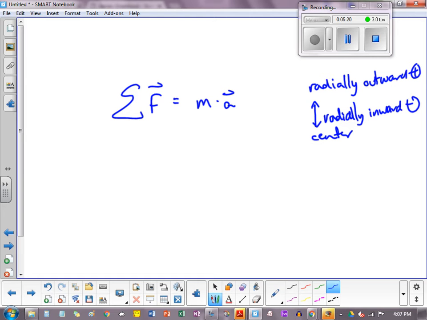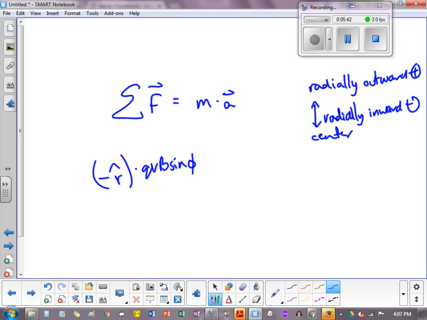Assigning directions is a pretty simple thing. You would just say it's got a force pulling it radially inward, so you would have a negative r hat for a direction. And the quantity of force is qvB sine phi. I forgot the v, qvB sine phi.